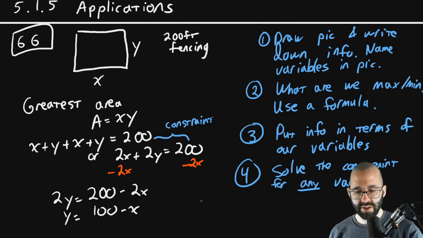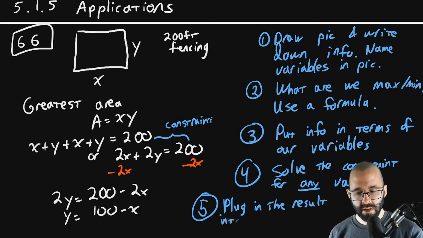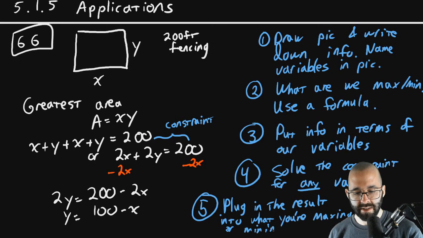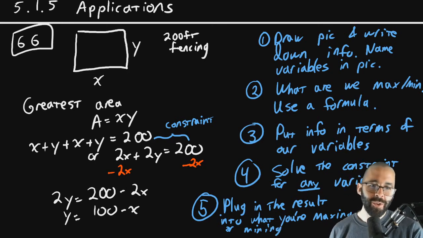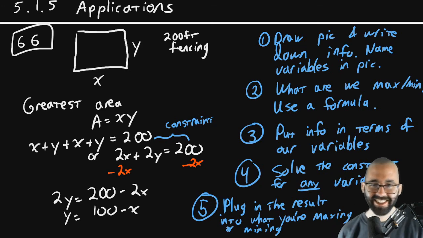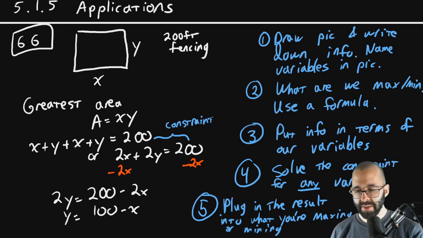Step 5. Let's write step 5 over here so you can see it a little bit better. Plug in the result into what you're trying to maximize or minimize. Well, you're maximizing or minimizing. So what does that mean?